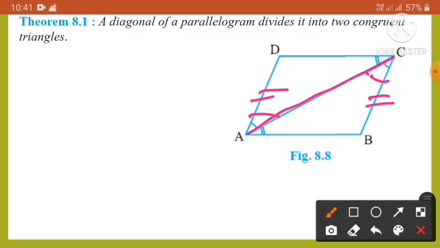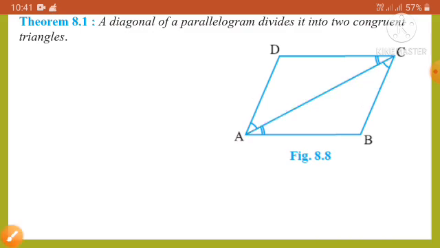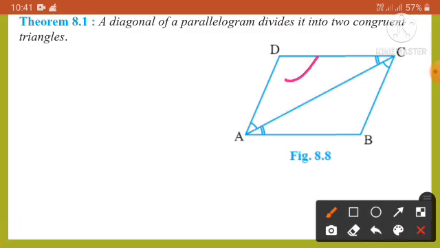So in these two triangles, ADC and ABC, in both triangles we are getting angle BAC equal to angle DCA, AC is the common arm, and angle DAC equal to angle BCA.